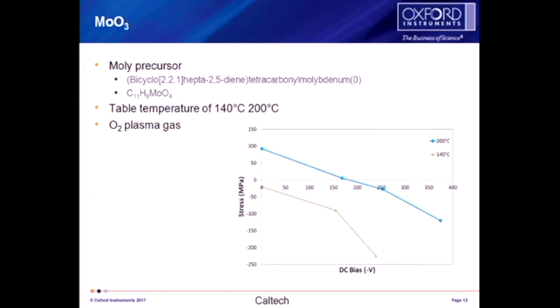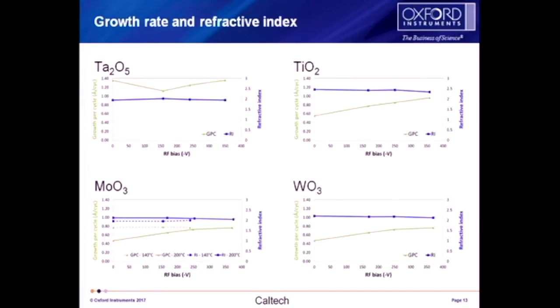These have shown to me to be quite interesting results, in that this has shown that you have the capability of delivering low stress in certain applications, certain materials. Summing up some of the other results, you can see that generally, these are the green lines, the growth rate is usually going up, although tantalum oxide disagrees with this.